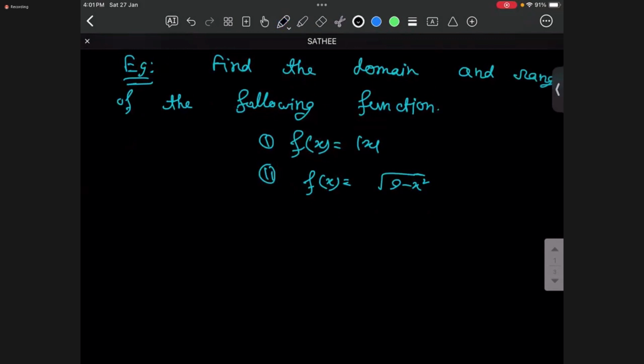In the first case, f is a function defined by f(x) equals mod x. Now, every real number can be put inside mod x.